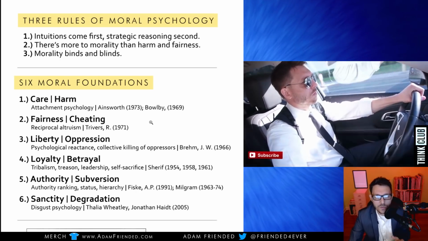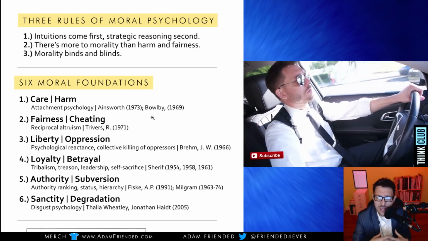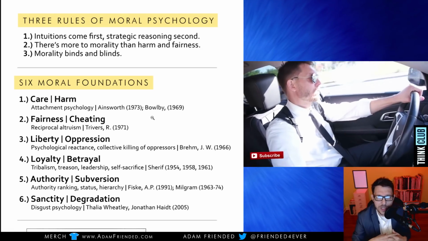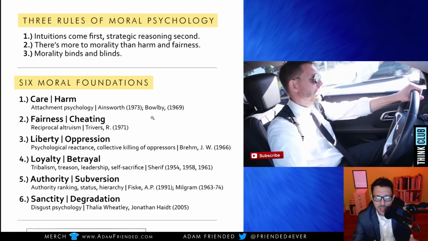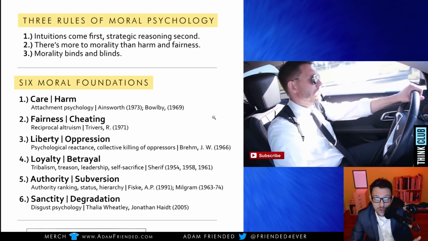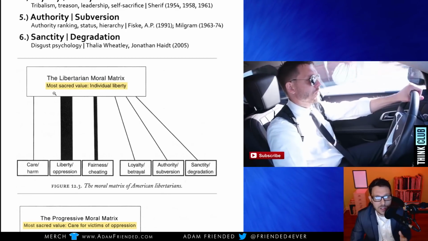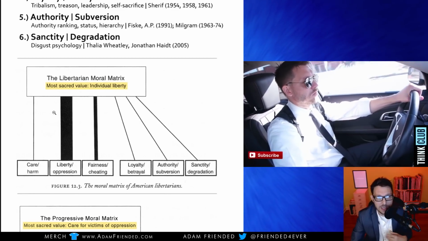So he's formed this moral foundations questionnaire where he's asking different self-identified libertarians, different self-identified progressives, different self-identified conservatives, their values through survey work. And he's got them highlighted here so you can actually see the highest value.